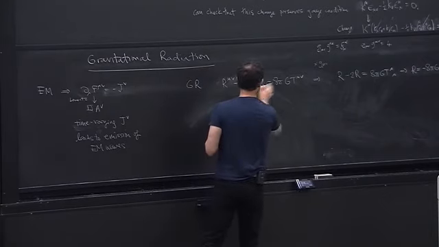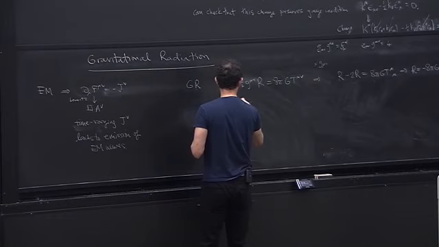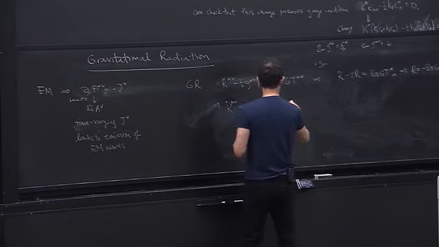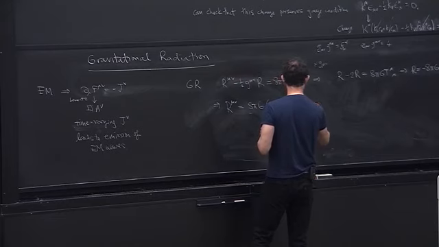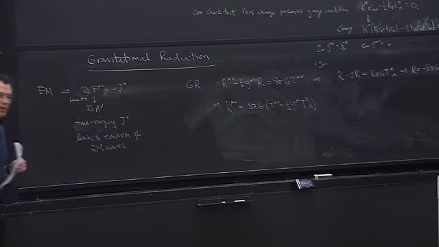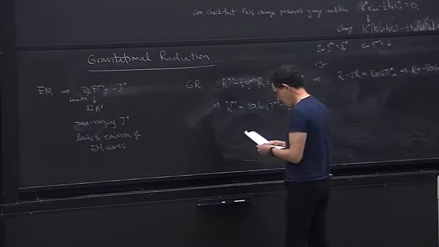So I can just take this term over to the right-hand side and rewrite this as R_{μν} equals 8πG (T_{μν} - 1/2 g_{μν} T^λ_λ). It's just a rewriting of the Einstein equations, which is convenient because it leaves us with only R_{μν} on the left-hand side.